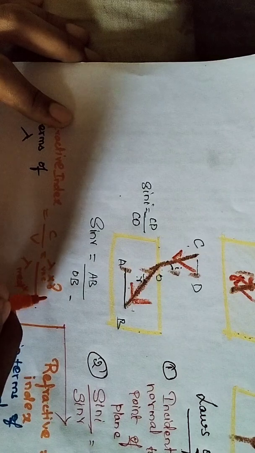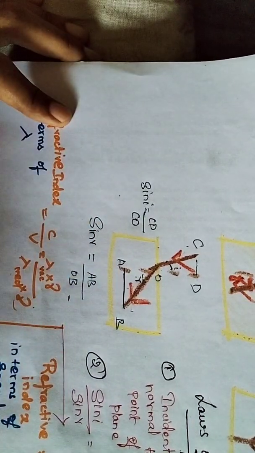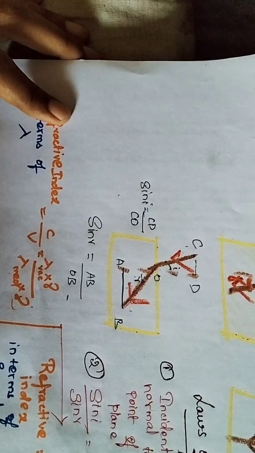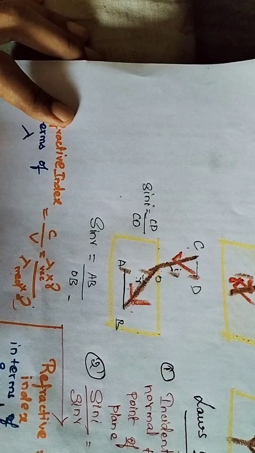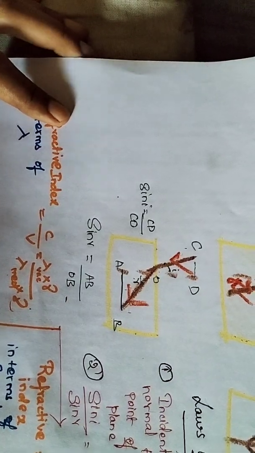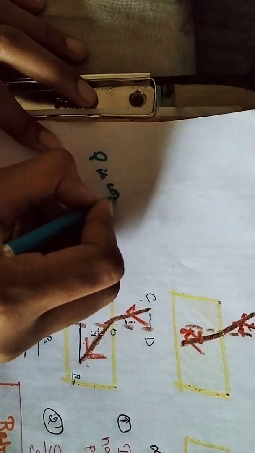I have written vacuum and medium for lambda alone. Why should I not write it for nu? Because the frequency won't change with respect to medium. I highlight again, frequency won't change with respect to the medium. You should be clear. Frequency is constant.